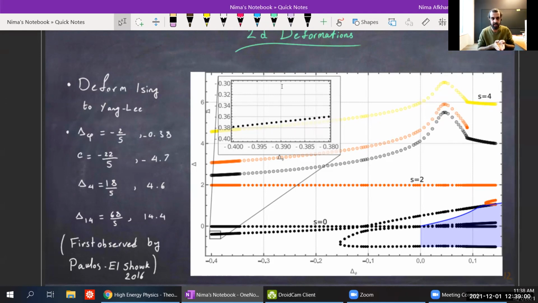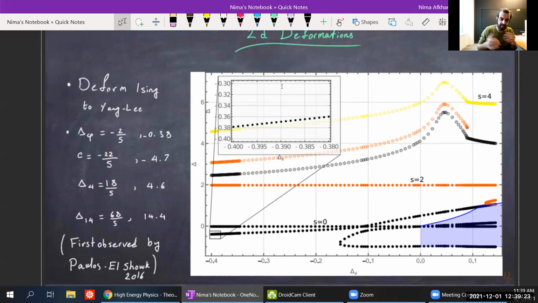In addition, I'm computing the OPE coefficients correctly, so I can use the Ward identities to extract the central charge. And I see that at -2/5, it's roughly -4.7, which is numerically close. I should say that for these plots, I took lambda to be 8 instead of something large, and I'll explain the reasons for that.